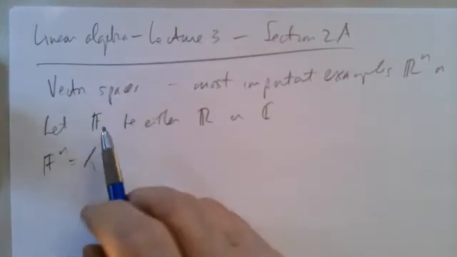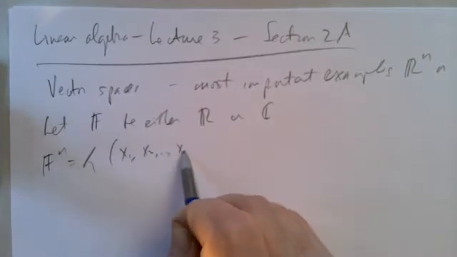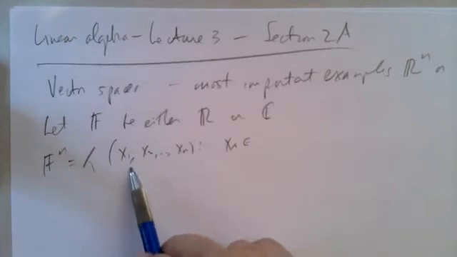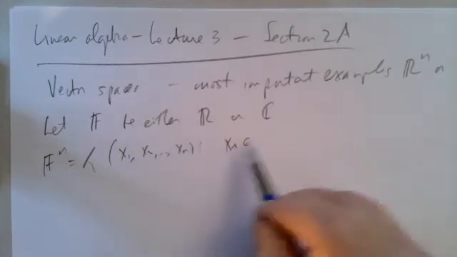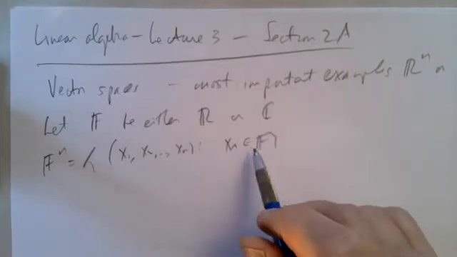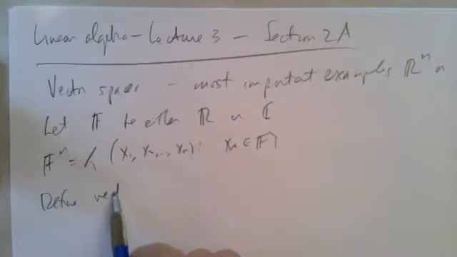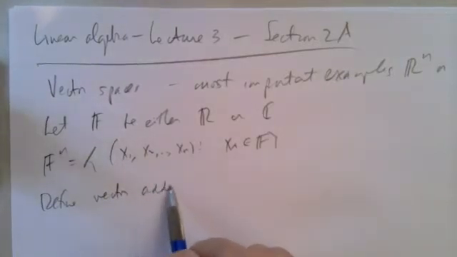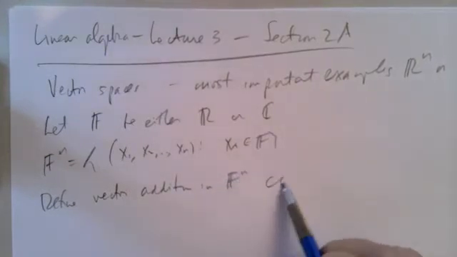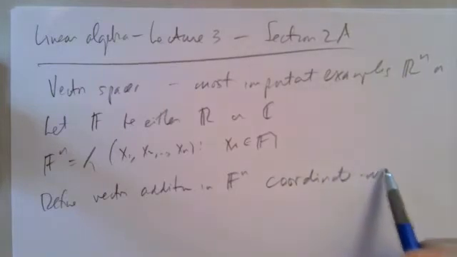So Fn is the set of all n-tuples where the elements x1 up to xn, the coordinates of the vector, are elements of F. And we define vector addition in Fn coordinate-wise.